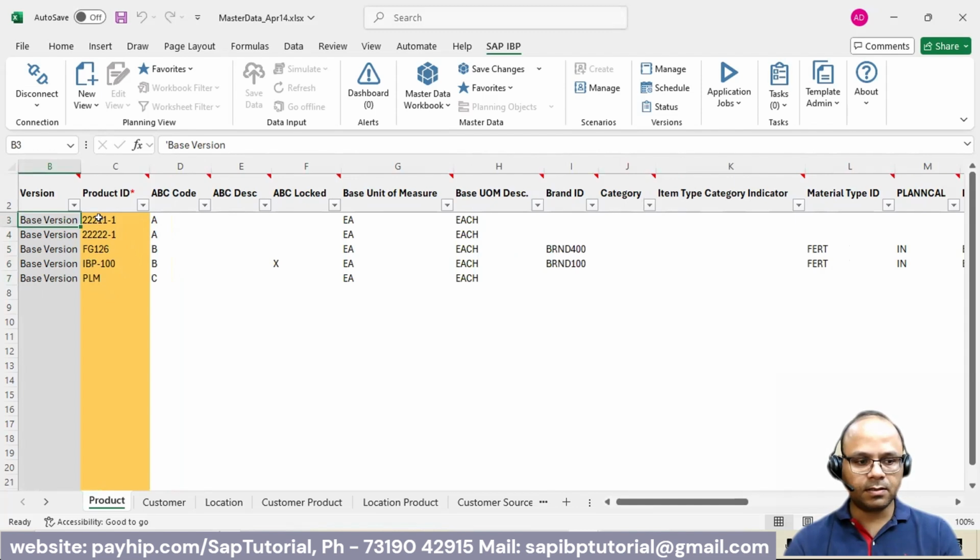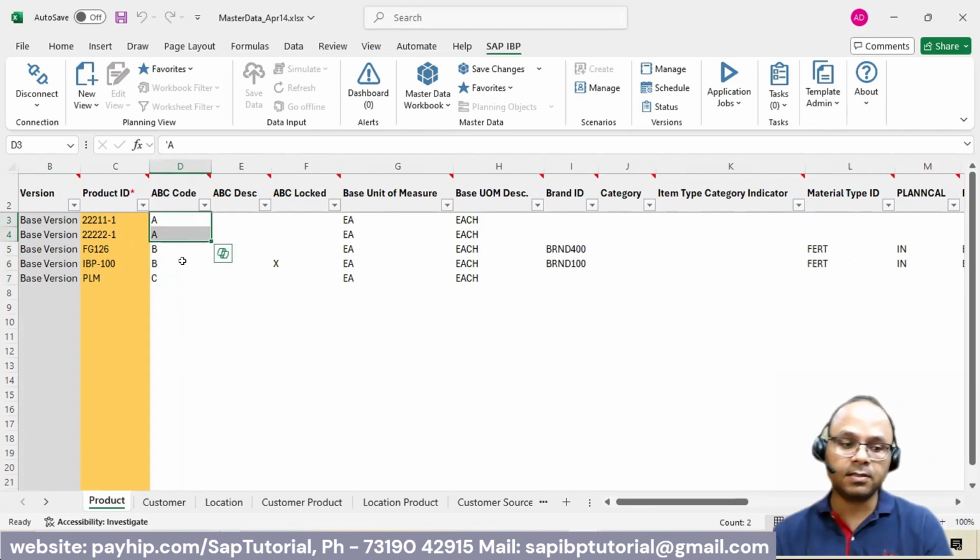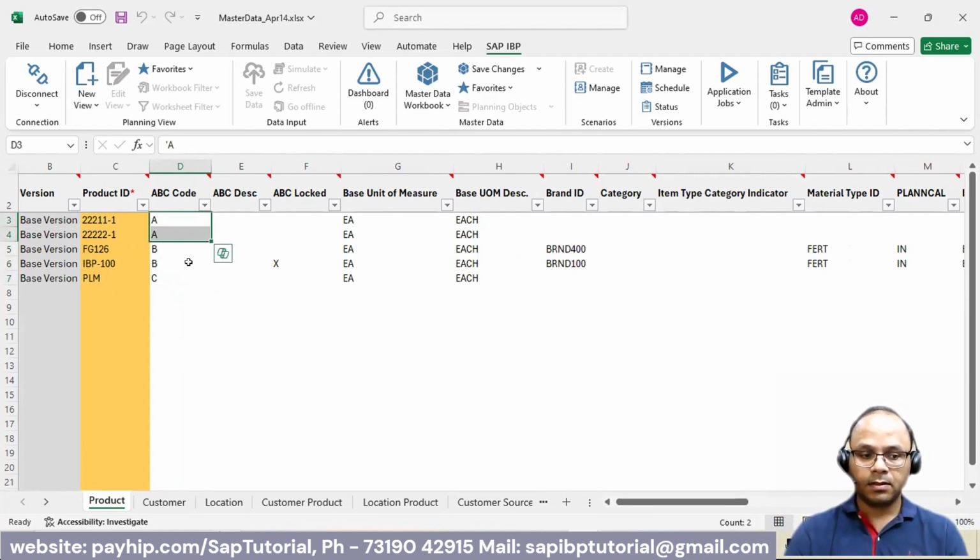What we see is that these 2 products got classified as A. The next set of products are classified as B, and the last product is classified as C. So remember, this classification has happened only within this product group and not over the entire portfolio of products.